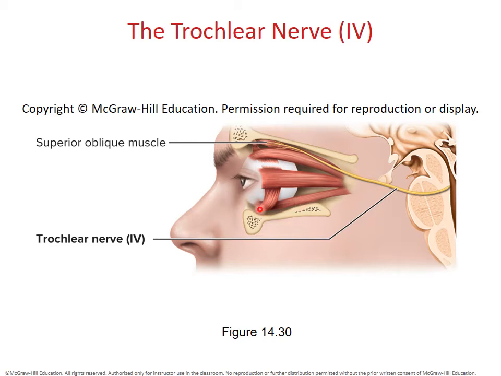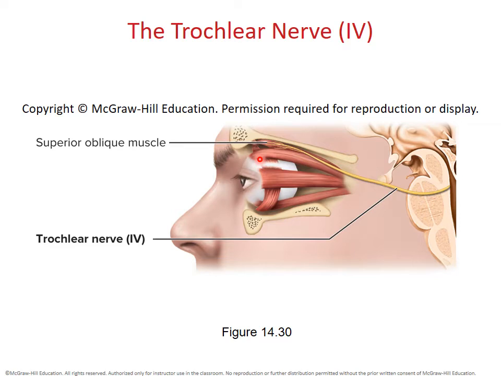We've got 2 oblique muscles that cut across the eyeball that help rotate it a little bit in position. And so the oblique muscle tends to rotate the eyeball and tends to pull it down and in, or down and out.